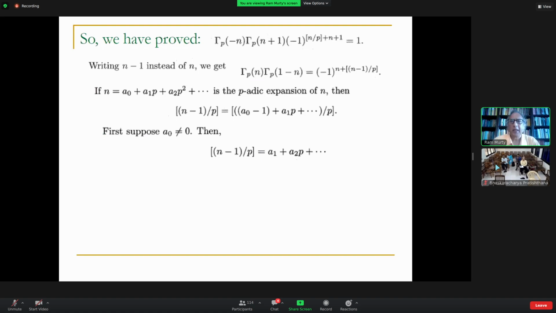Anyway, so we take the p-adic expansion of n as a0 plus a1p plus a2p squared and so on and so forth, and subtract 1 and divide by p, and notice that you get this particular expansion. Let's first consider the case a0 is not 0. Then this divided by p is a number less than p. When you take the greatest integer, this disappears.